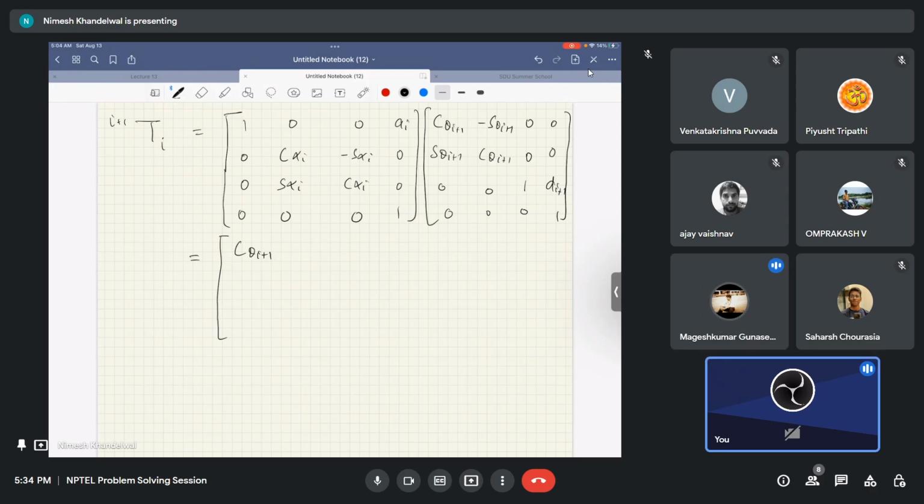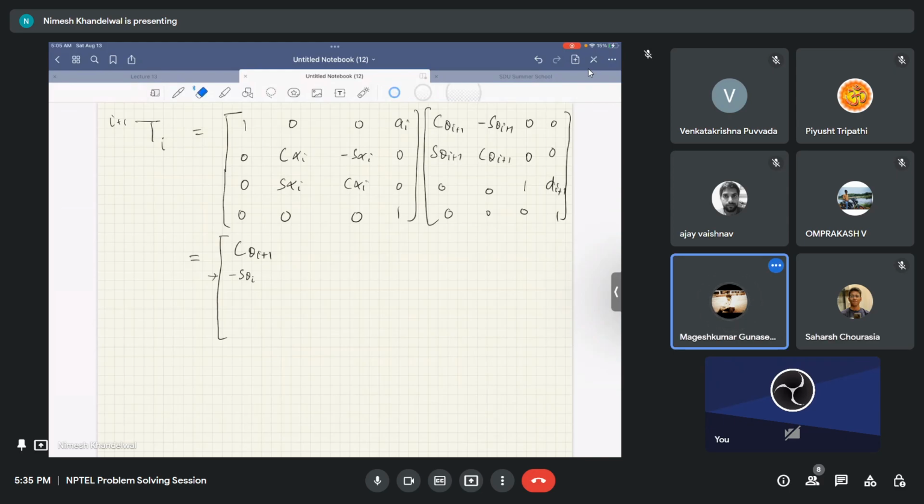Okay, what will be the second element of the first column? Minus sine theta I. Oh, sorry, you're asking about the second row, first column.